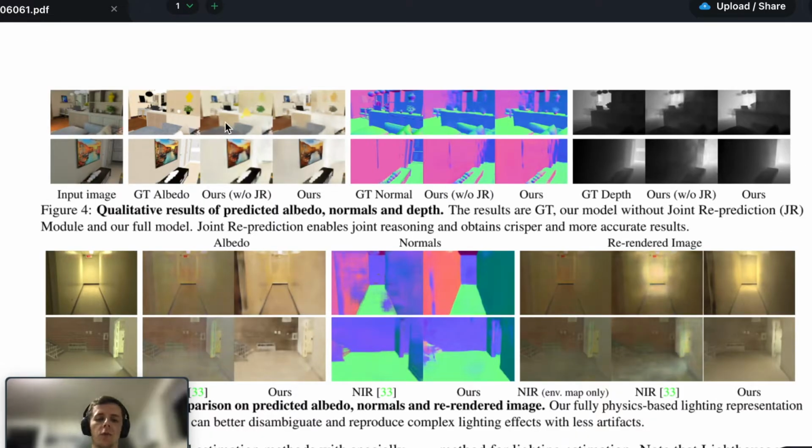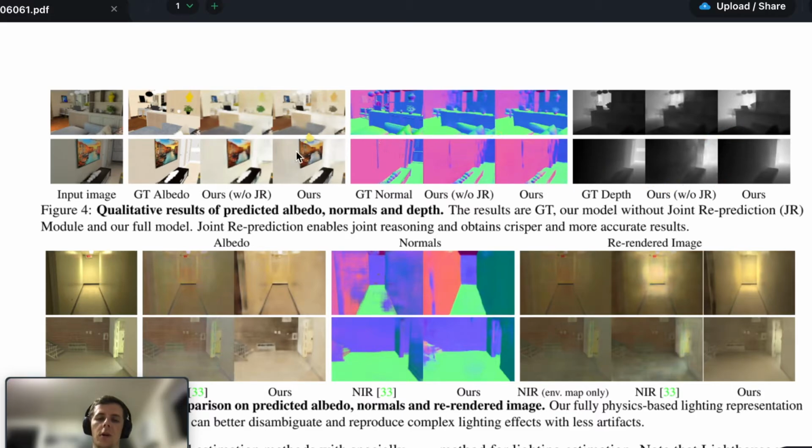Here we have some qualitative results, basically for the albedo, normal, and depth. And you can see that their model approximates all the individual parameters quite well. But honestly, I would say it's hard to see a difference between this one without the joint reproduction and the full method.